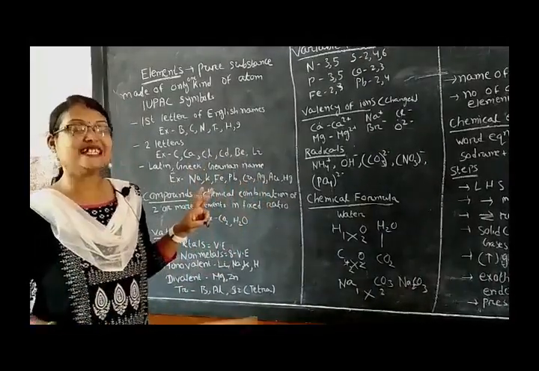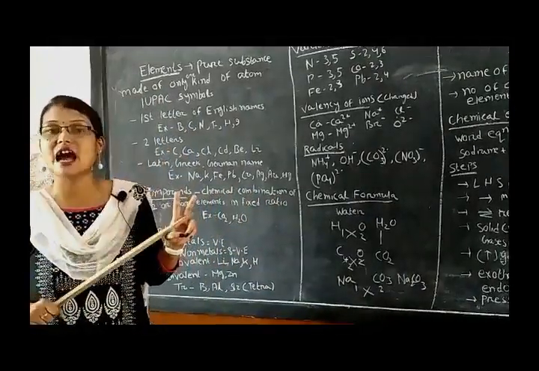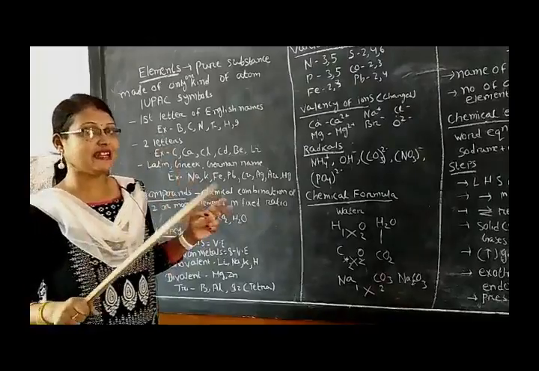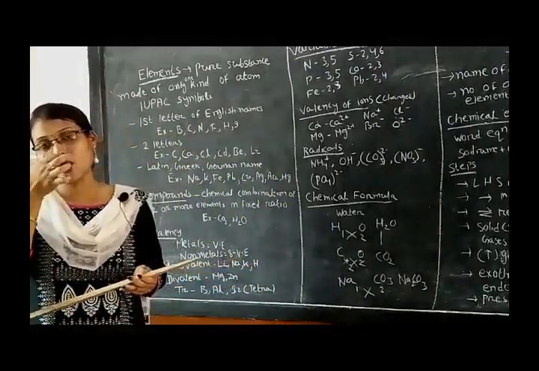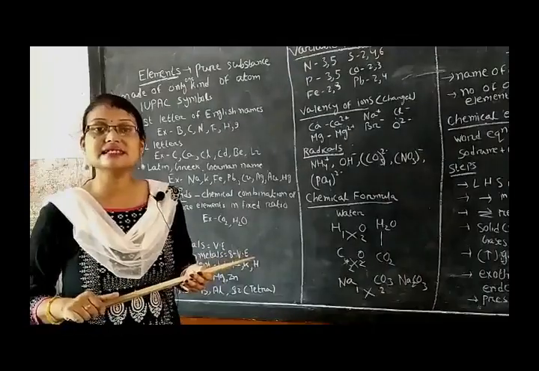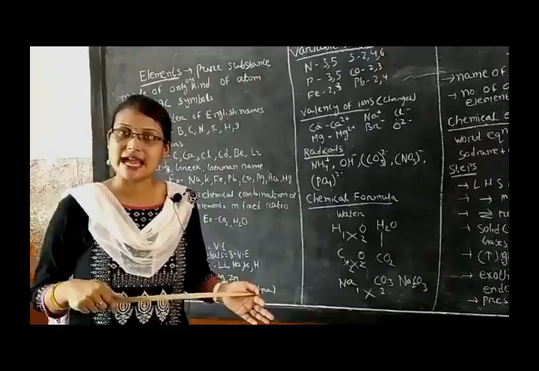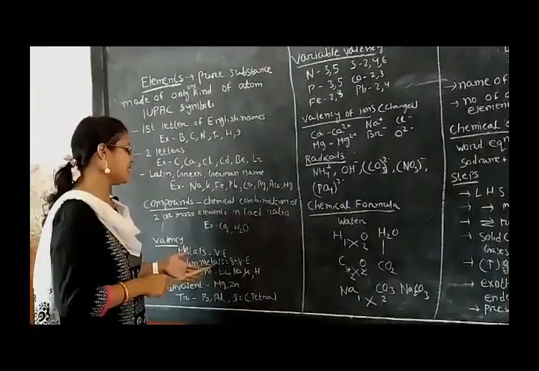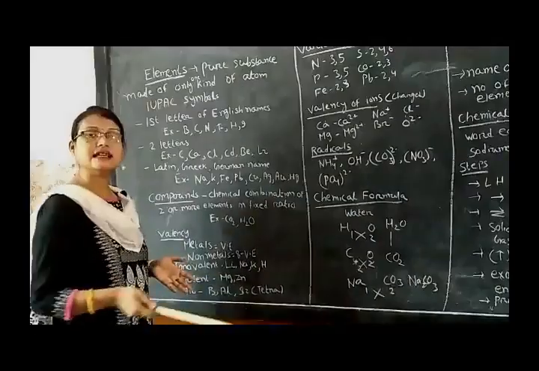Because there is the octet rule, that every element needs 8 electrons in its outermost shell. For that it either loses, gains or shares electrons. So for non-metals the valency is always equal to 8 minus the number of valence electrons.